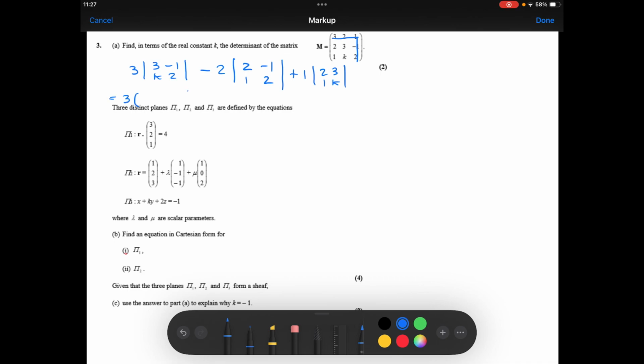So that is 3 times 2 is 6, minus 1 times k is minus k. Minus 2 times 2 is 4, minus 1 times 1 is minus 1, plus 1 times 2 times k is 2k, minus 3 times 1 is 3.